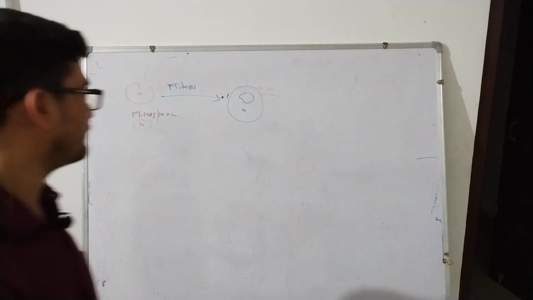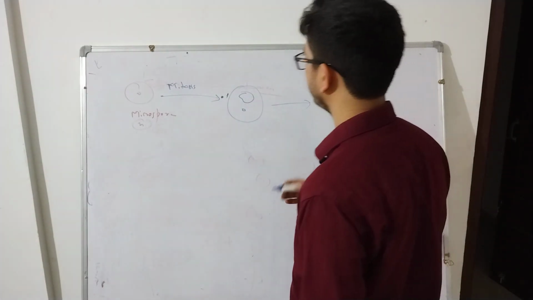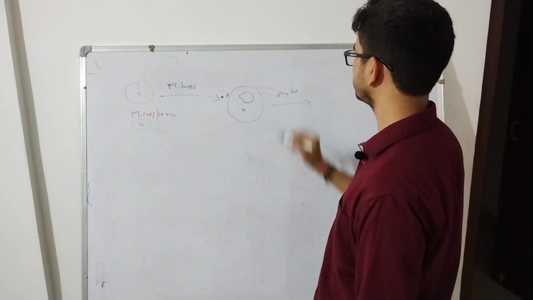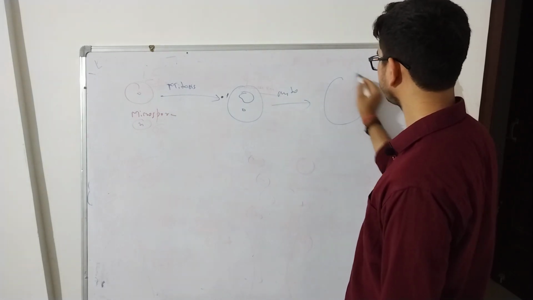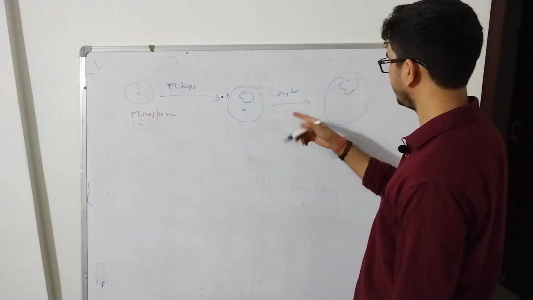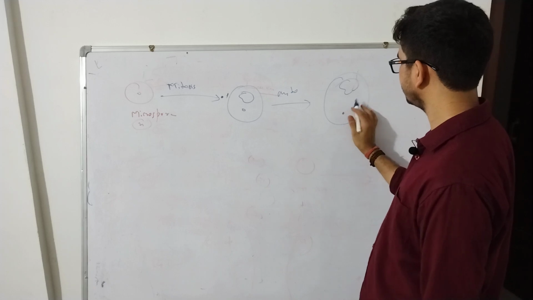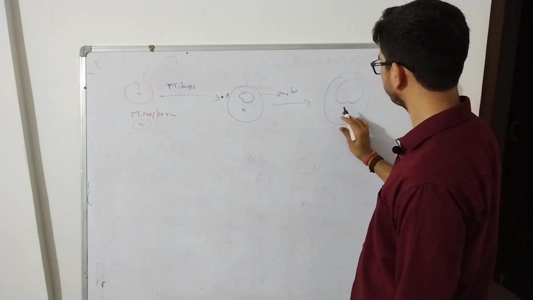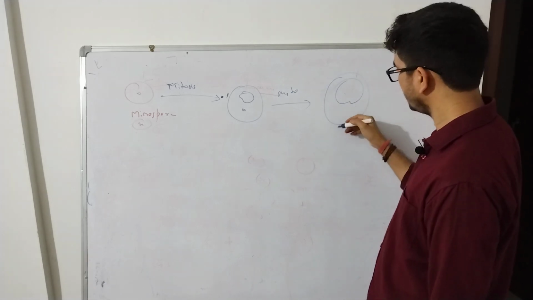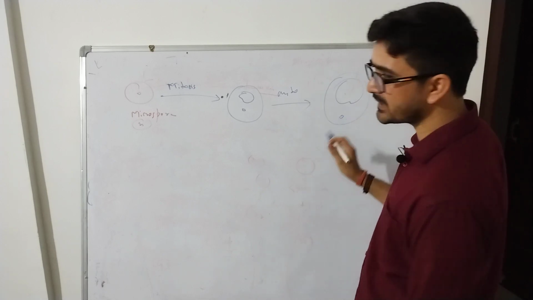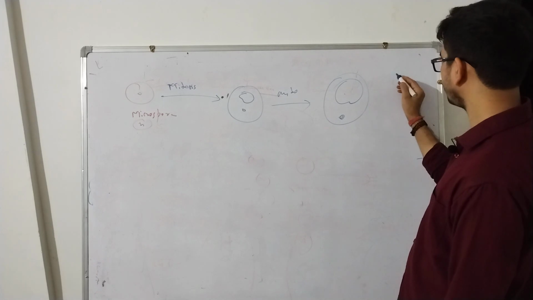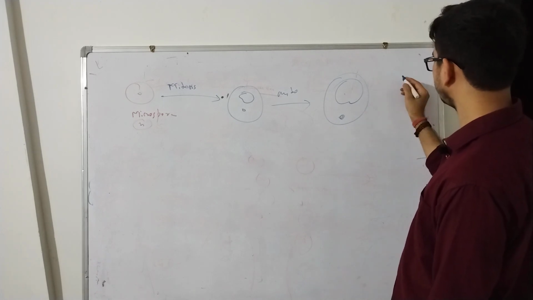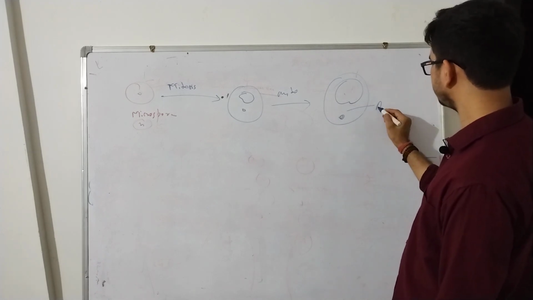Then after the vacuole forms, mitosis occurs and the vacuole size increases. And the nucleus goes to the lower side. And after karyokinesis, meaning division of the nucleus, they form an asymmetrical division.